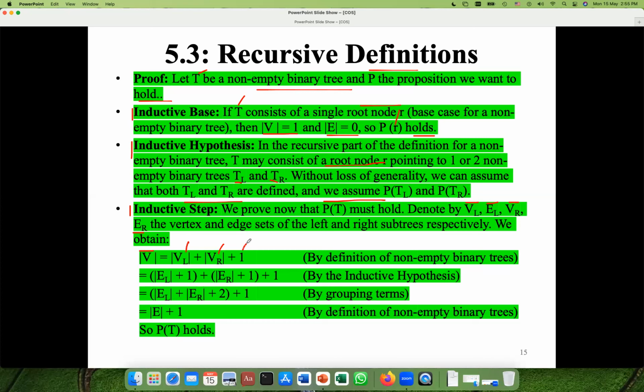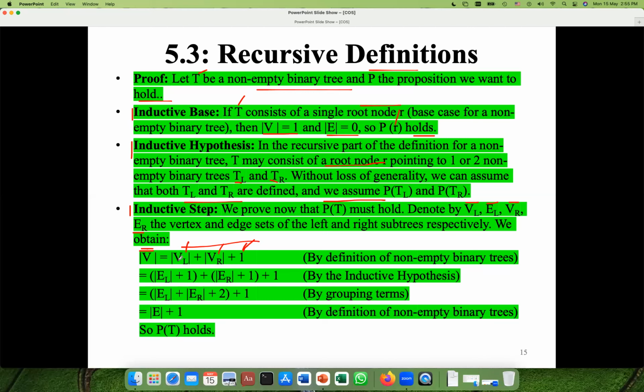So this is the root node basically. This is the number of nodes for the left binary tree, this is the number of nodes for the right binary tree, and this is the root of the binary tree, which you are adding. So this is the definition for calculating the number of vertices for a non-empty binary tree.